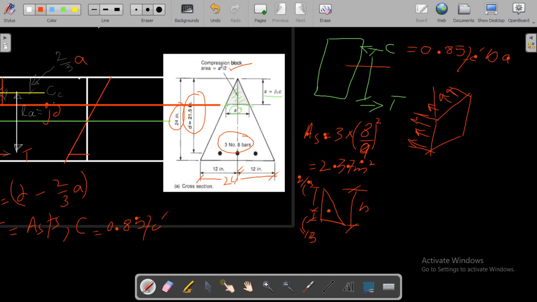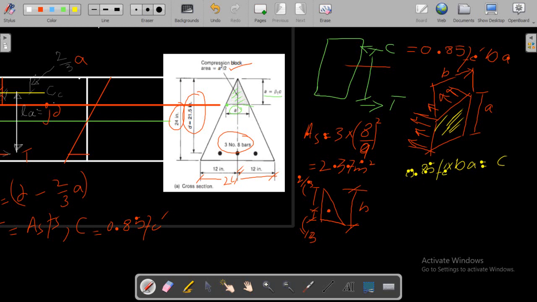This is the width of the section, b, and this is the depth of the section, which is a. So the area of this section is simple: we just multiply b with a, and we multiply this with the extreme fiber stress, which is 0.85 fc'. So this gives us C, the total compression.